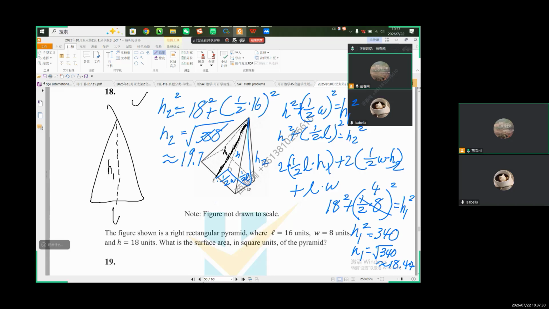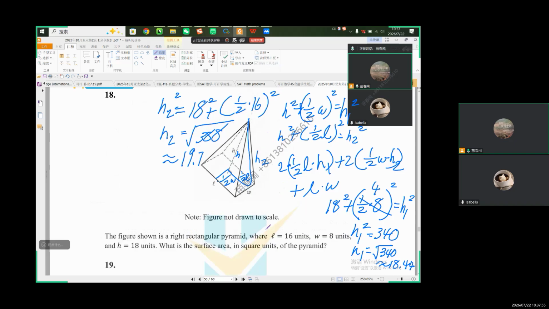It depends on which height they want. If they want to find volume, it's probably that H, but since they want surface area, it's another story. Probably the other H1 and H2. You're familiar with this right triangle, right? Great. That's the one. Next question.